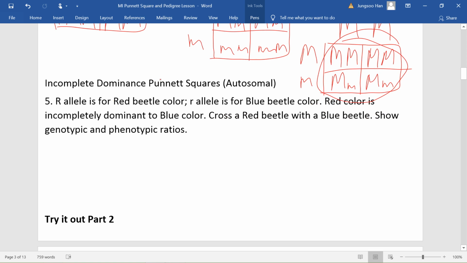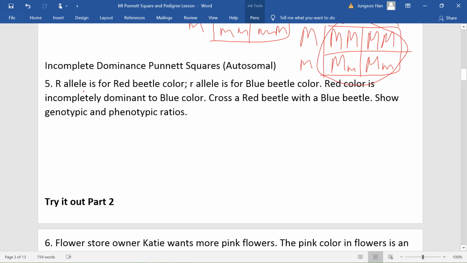Okay, next question. So now we're going on to incomplete dominance. Okay, we're still looking at autosomal chromosomes. So we're still doing a normal type of Punnett square, but this time there's incomplete dominance. When you have, let's say, a big R allele and a little r allele, then you'll end up with a color, in this case for the beetles, that's something in between.